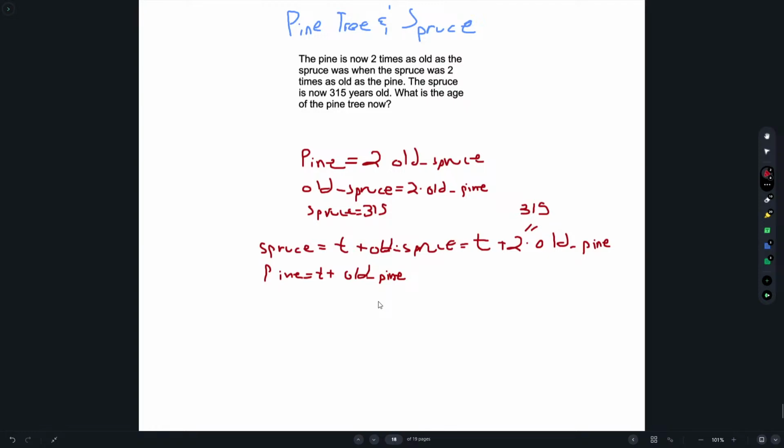Pine is t plus old pine, which is equal to 2 times old spruce, which is equal to 2 times 2 times old pine.